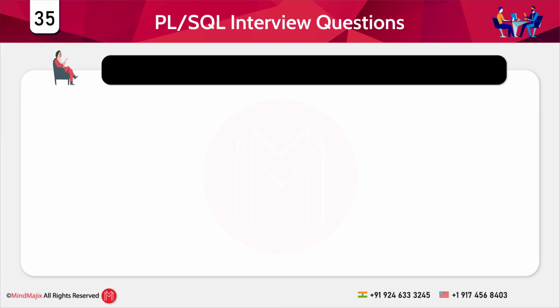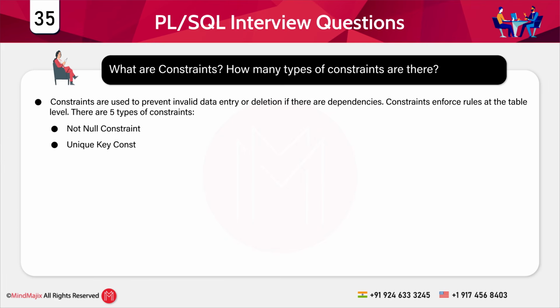The next question is, what are constraints and how many types of constraints are there? Constraints are used to prevent invalid data entry or deletion if there are dependencies. Constraints enforce rules at the table level. Constraints can be created either at the same time as the table is created or after the table has been created.